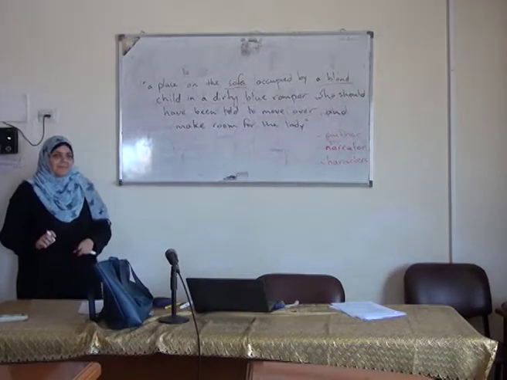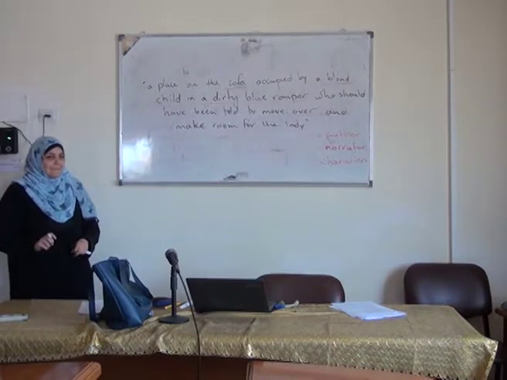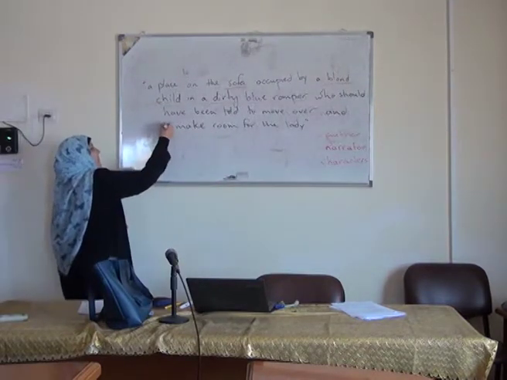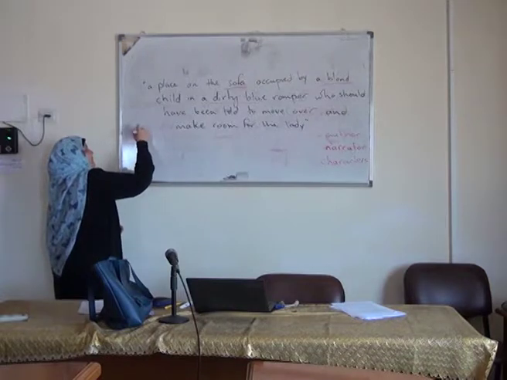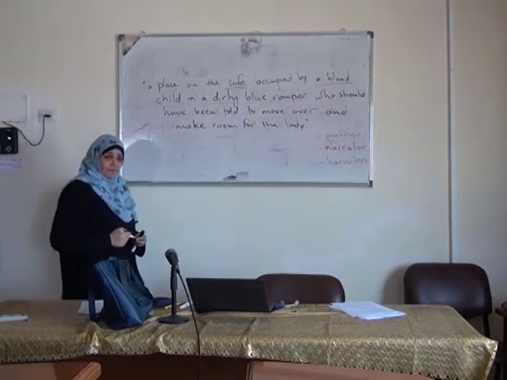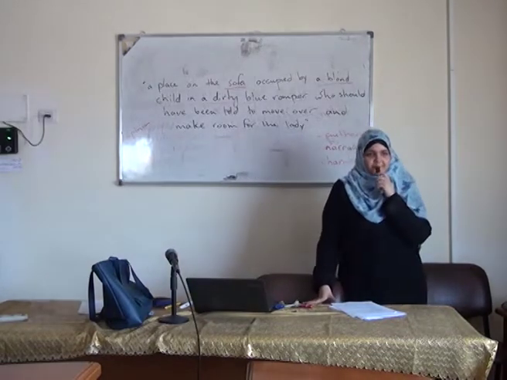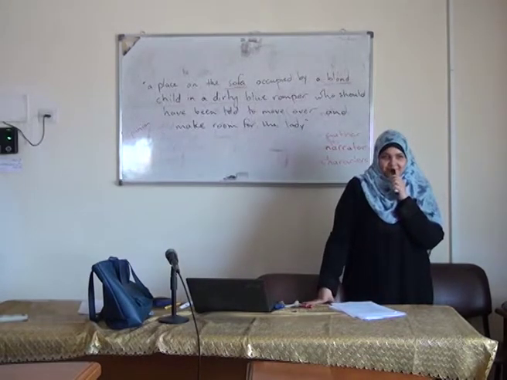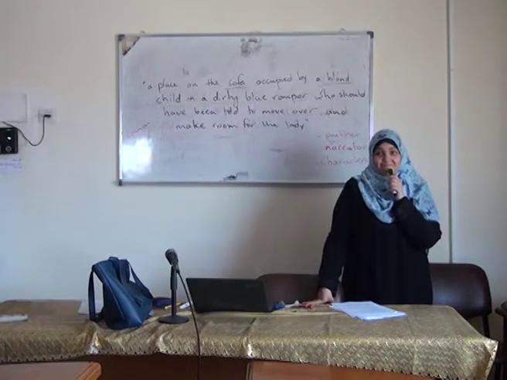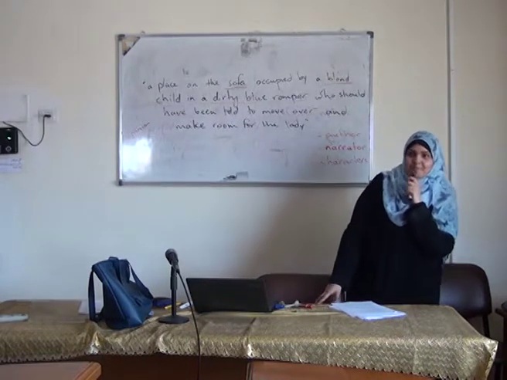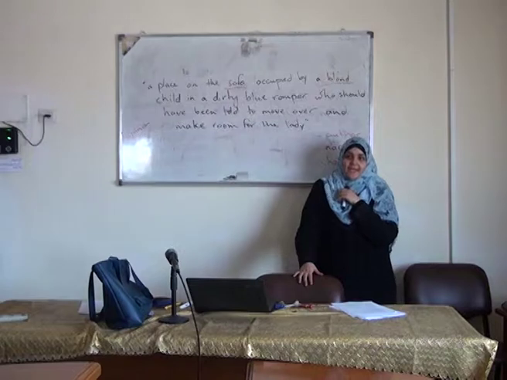This is an opinion told by the narrator itself, which is the lady. Okay. She thinks that the child should have been told to move by the ladies sitting in the room in order to make her sit. Okay. Well said. Someone else? Would you like to add anything?